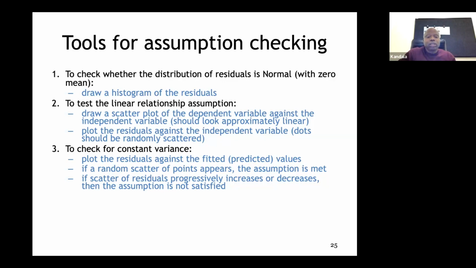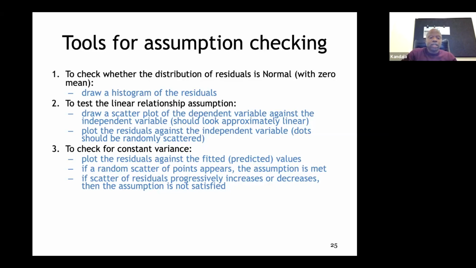And to test whether the linear relationship assumption is fulfilled, you can draw a scatter plot of the dependent variable against the independent variable. This should really look approximately linear, or you may also plot the residuals against the independent variable, which should also be randomly scattered.